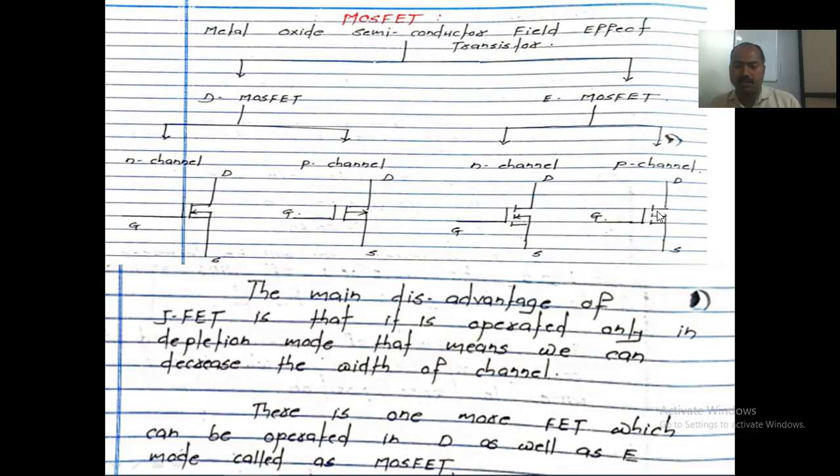A dotted line indicates that it is an enhancement type of MOSFET. A normal continuous line indicates the depletion type of MOSFET. There are two types, N channel and P channel. For N channel, the arrow is towards the inside; for P channel, the arrow is towards the outside.